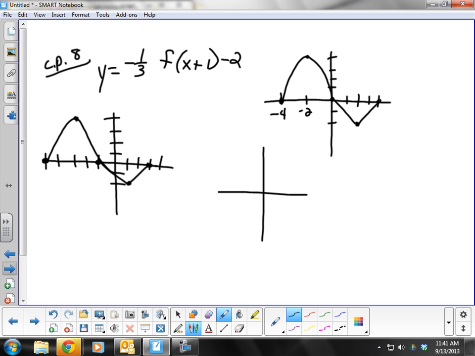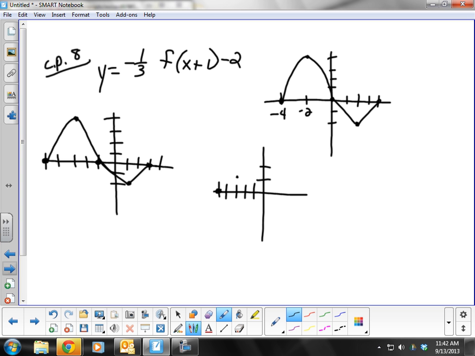So if I do the 1/3 thing, well, this y value here is 0. Is it going to change? Because 0 times anything is still just 0. But the 4 times 1/3 is going to be 4/3, which is 1 1/3. It's exactly 1 1/3 because 4 times 1/3 is 4/3.